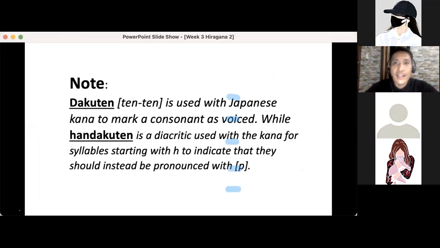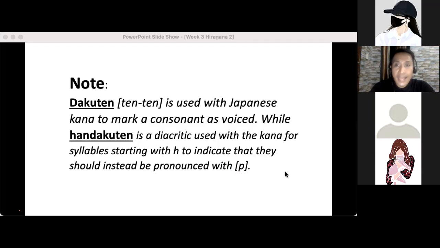Okay, ito yung explanation dito. Dakuten or ten-ten. Ito yung dalawang ten-ten. Kaya tinatawag siyang ten-ten. Kasi yung dakuten, ten-ten, is used with Japanese kana to mark a consonant as voiced. Kapag voiced yung consonant, nilalagyan natin ng dakuten or ten-ten.